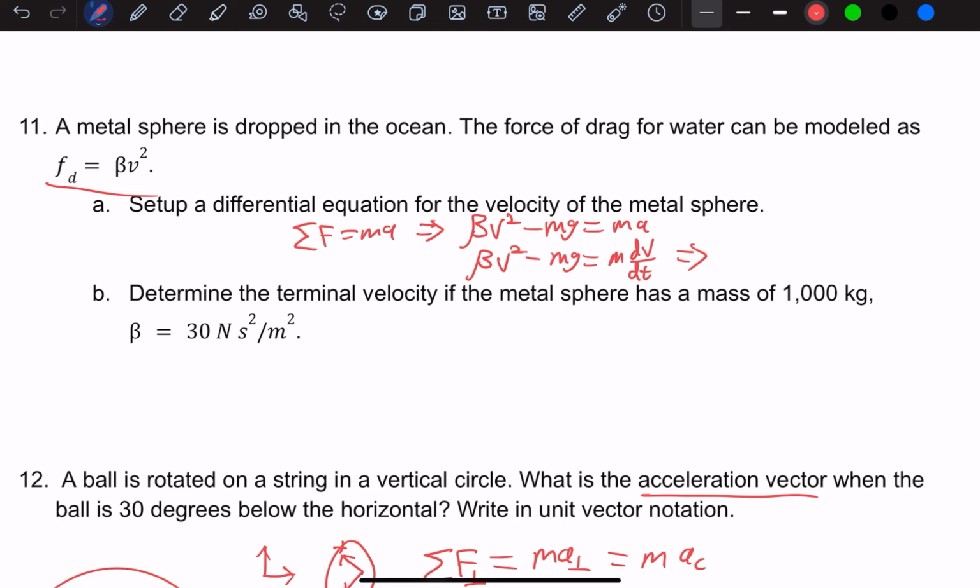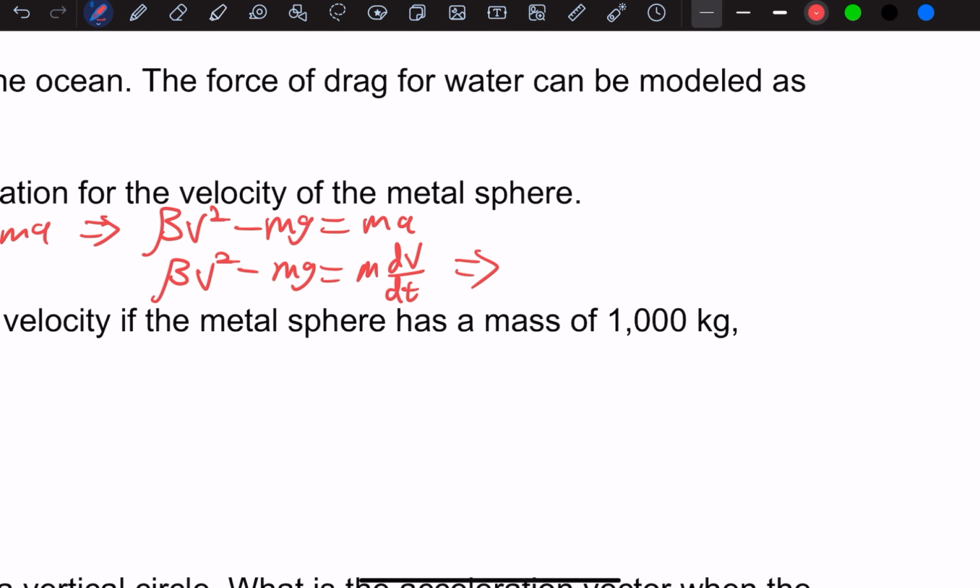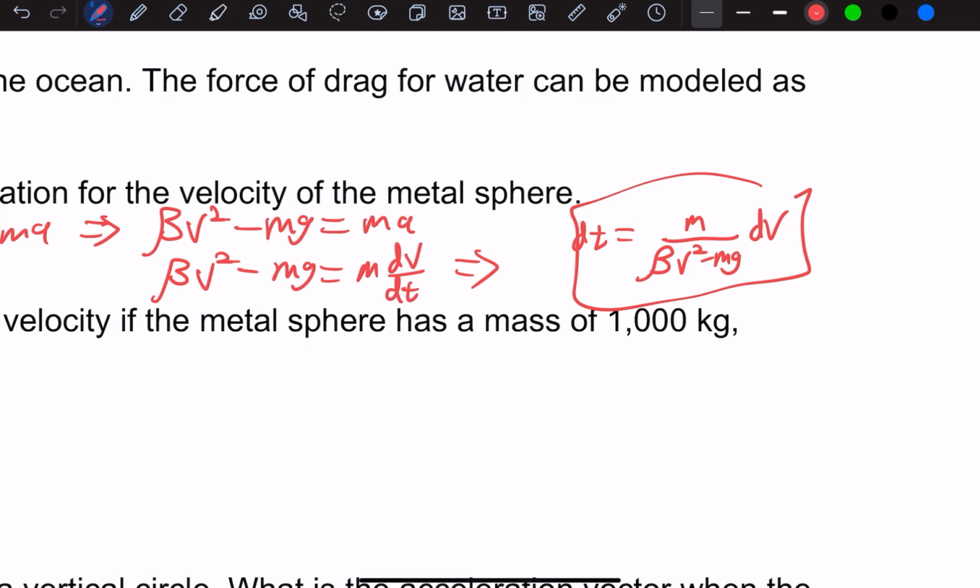And you could rewrite this as dt equals m over beta v squared minus mg, dv. So this is acceptable as well as this.